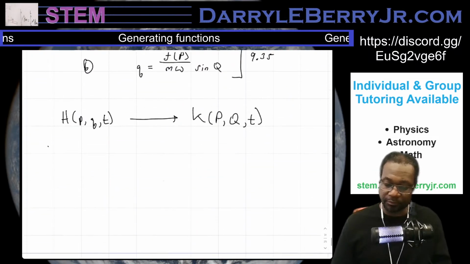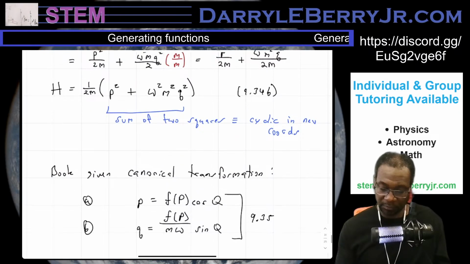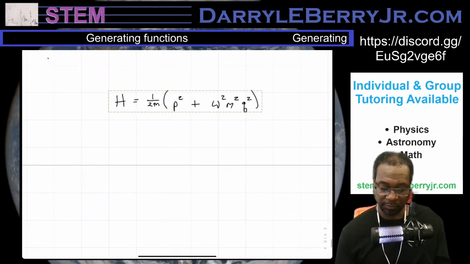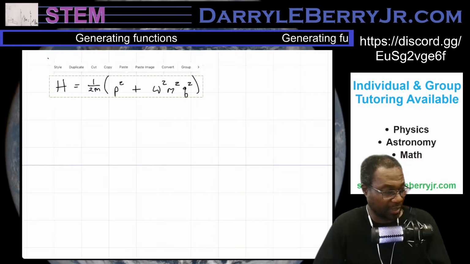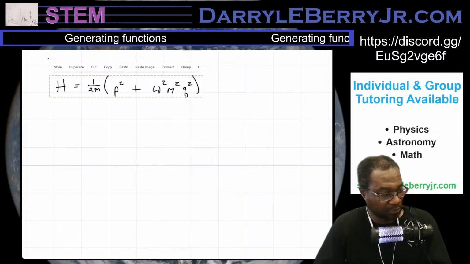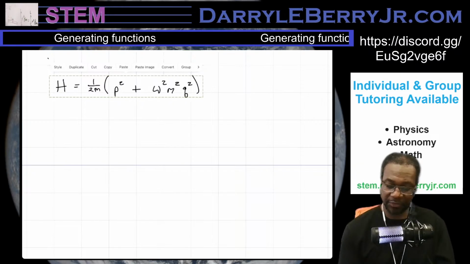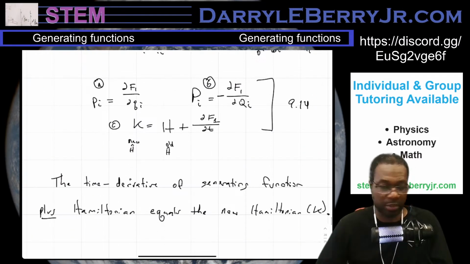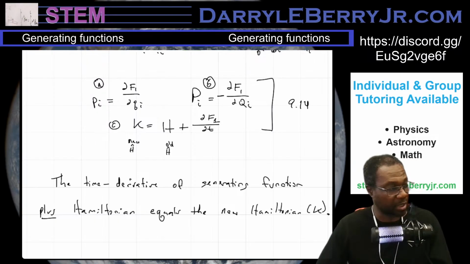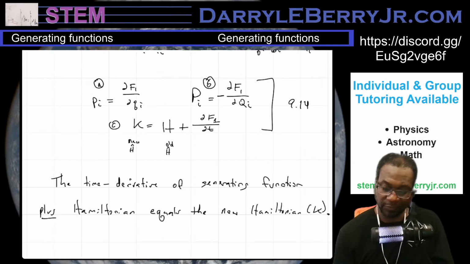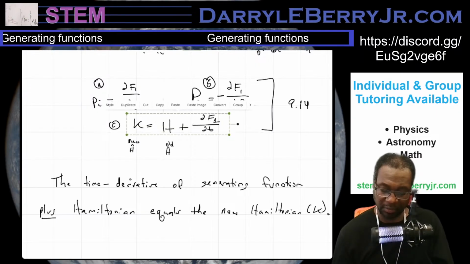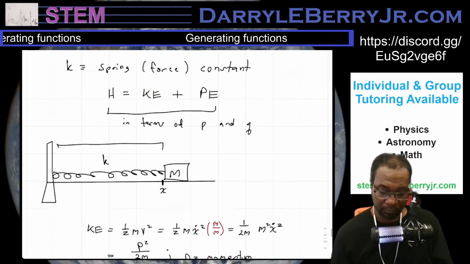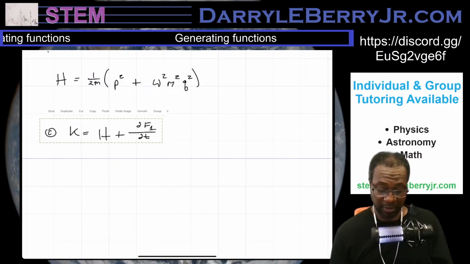The one thing that's unclear in the text is saying K equals H. But perhaps because it's cyclic, the partial derivative of the generating function must be zero. That's what's going on. So K equals H plus that.